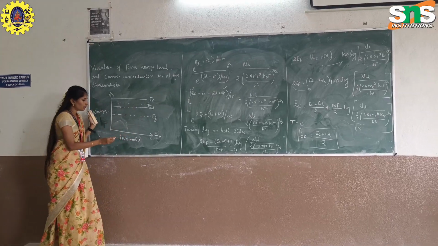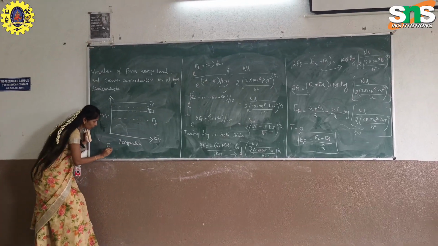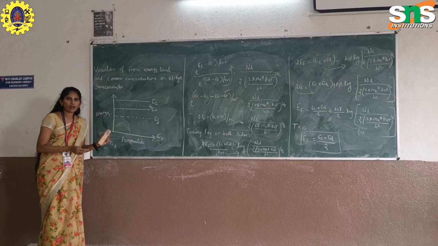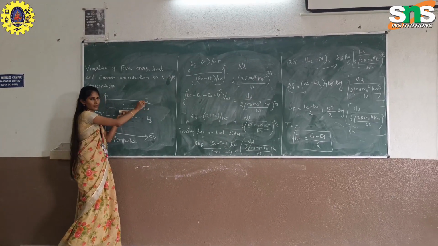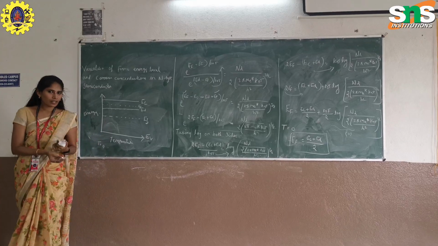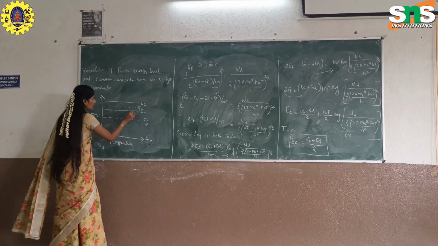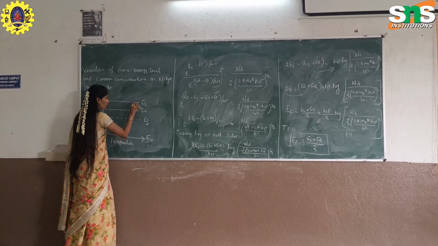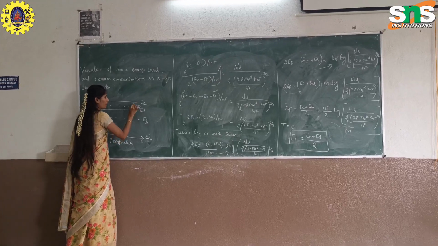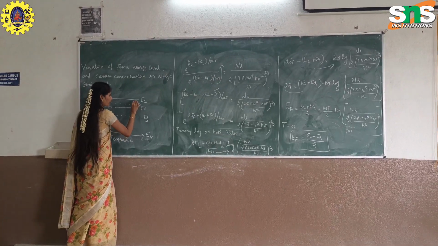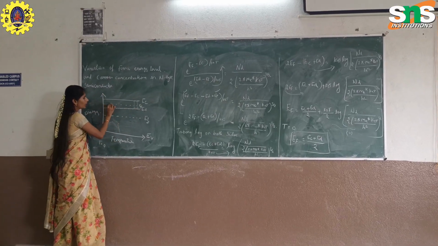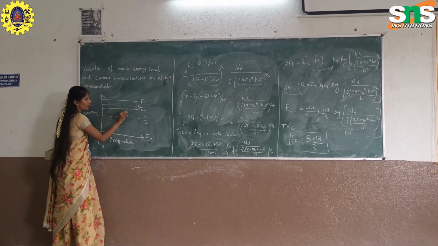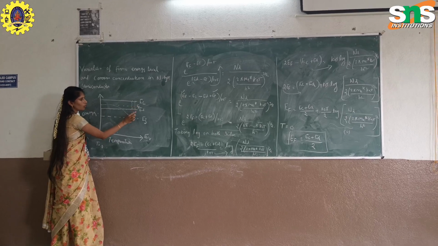At low temperature, when temperature T is equal to 0, the Fermi energy level is always present between the energy levels ED and EC. When temperature increases, some electrons shift from the donor energy level to the conduction band. At this time, a vacancy is created, and the Fermi energy level also moves below the donor energy level.